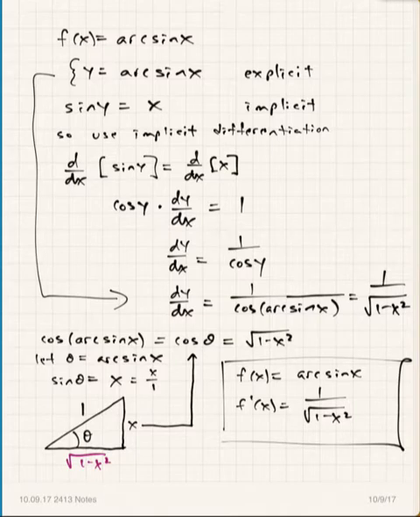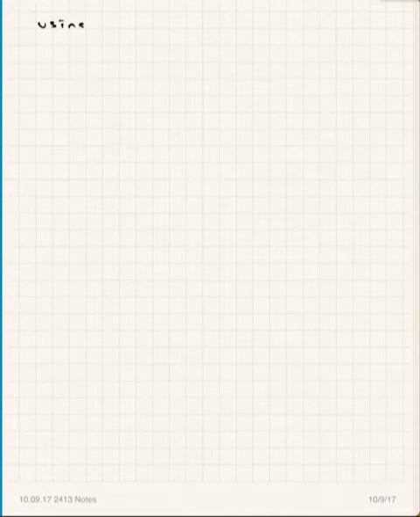Now you'll see it written in other ways also. So if we use differential notation on the next page, using differential notation and the chain rule, let's extend this a little bit.